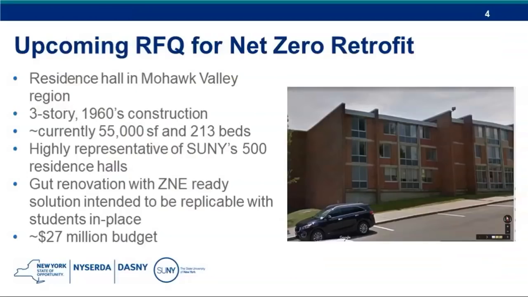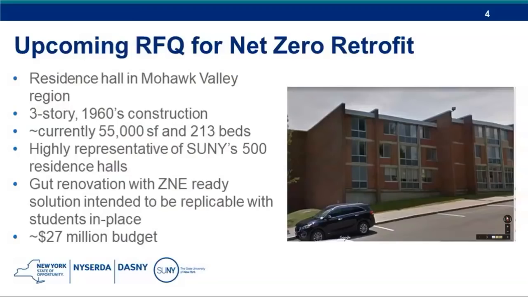All right, so there is an upcoming RFQ for zero net energy retrofit. It's a residence hall in the Mohawk Valley region. We're talking about a very typical residence hall construction circa early 1960s. This is highly representative of our future retrofit work that we're going to be facing.